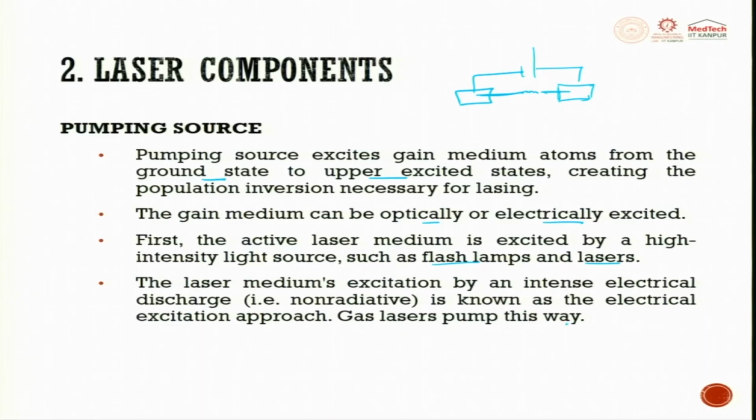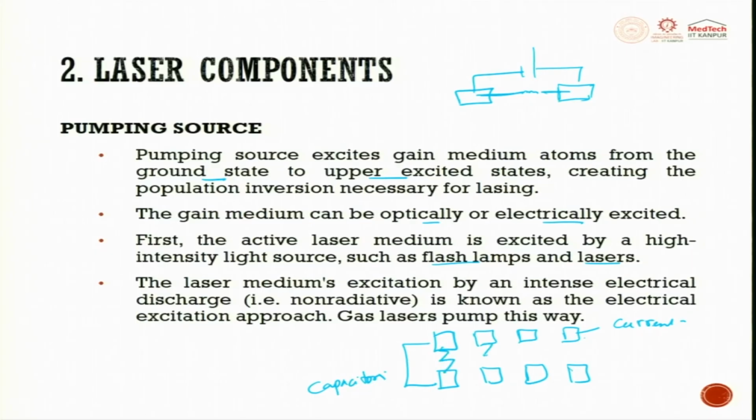The gas is pumped this way. So, what we are trying to say is you will have arcs, or a bank of capacitors. In this bank of capacitors you pass very high current. These are all capacitors. When you pass very high current, it creates a spark.